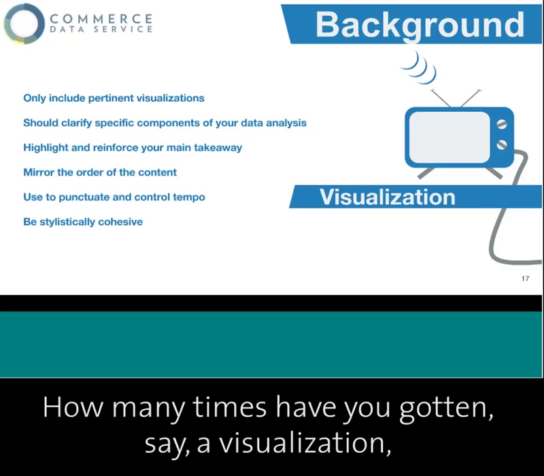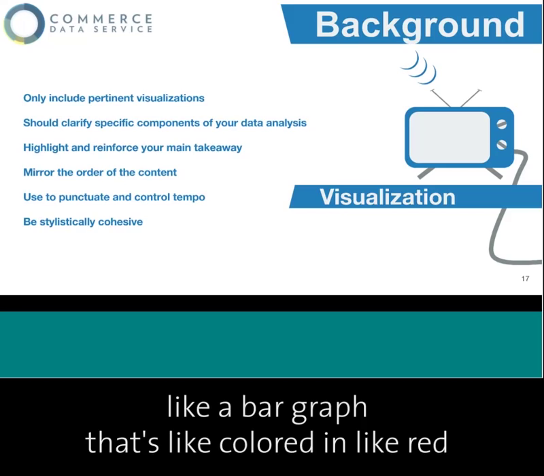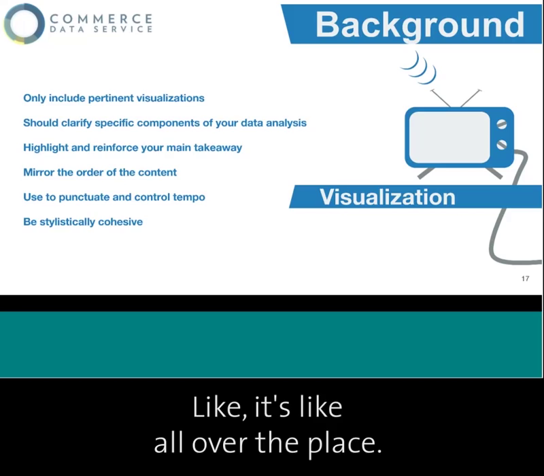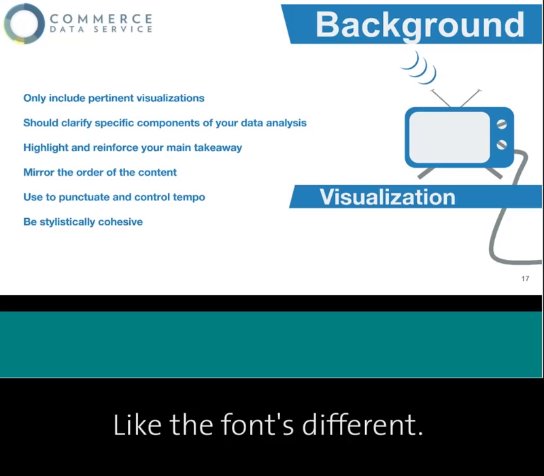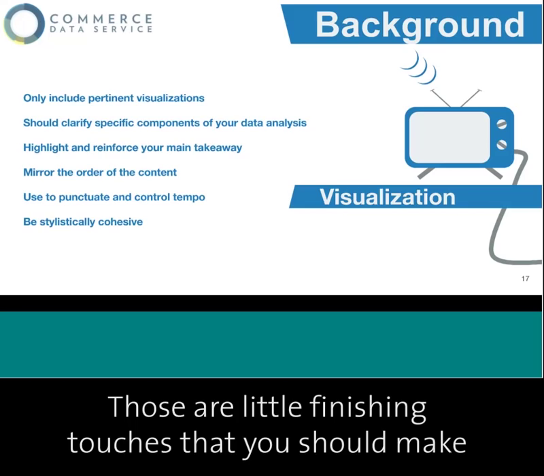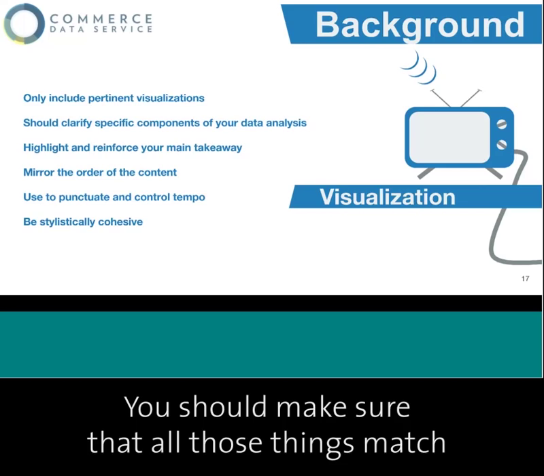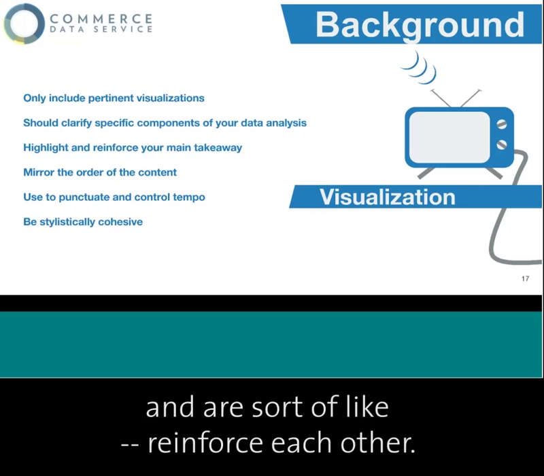How many times have you gotten, say, a visualization like a bar graph that's colored in red, and then the next one is green or magenta? It's all over the place. The font's different, everything's different. Those are little finishing touches that you should make to your visualizations to make them cohesive. You should make sure all those things match and sort of reinforce each other.